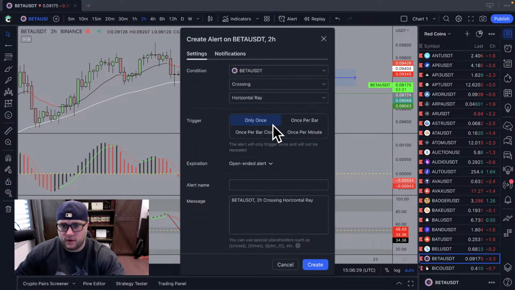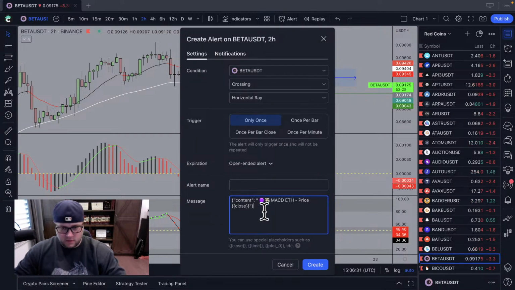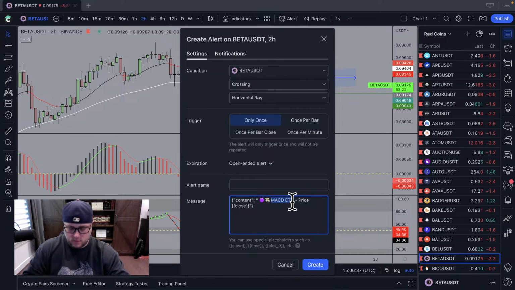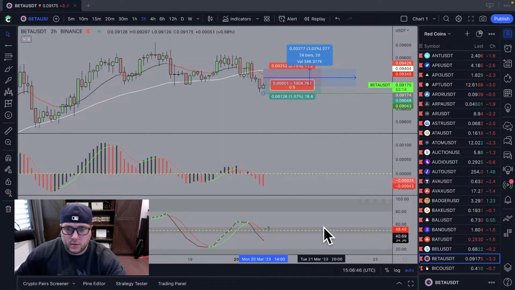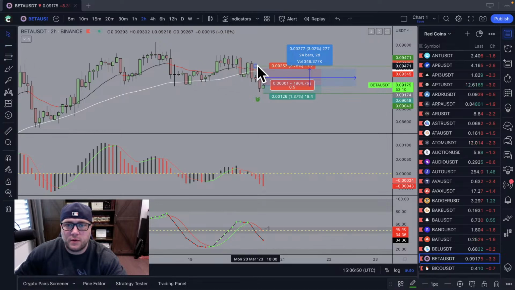Set our alert on it. And our stop loss is up here. We're going to make that red.